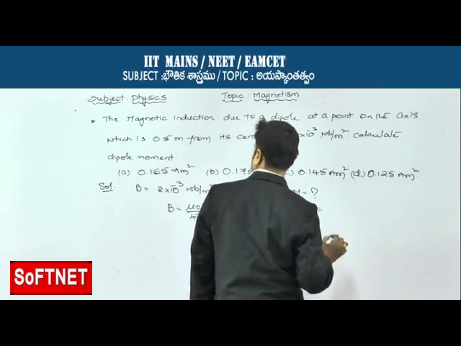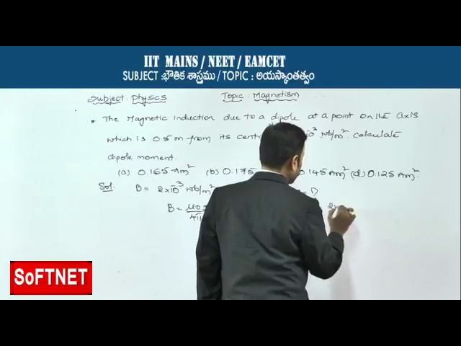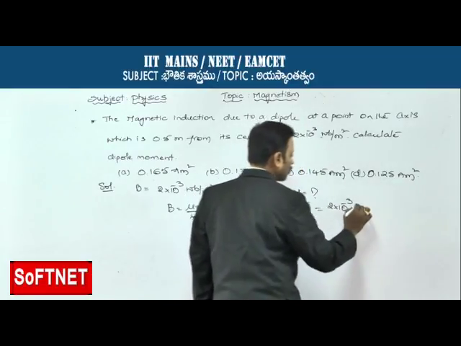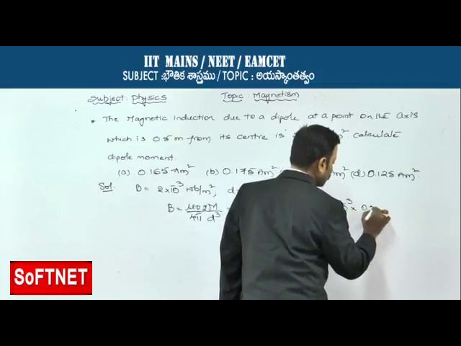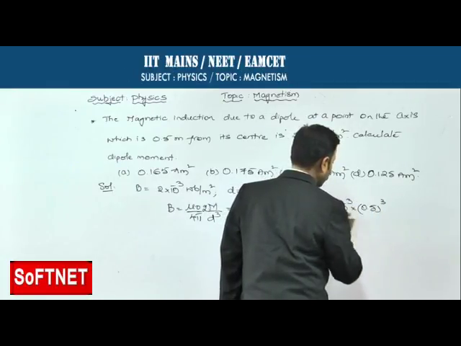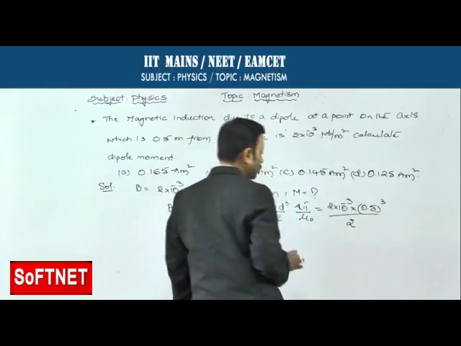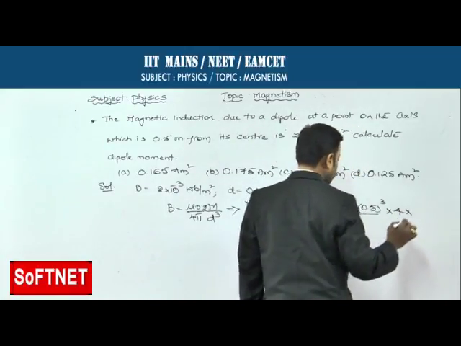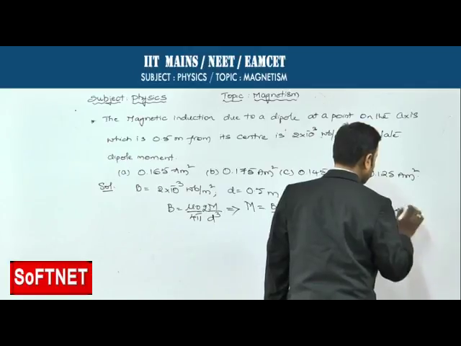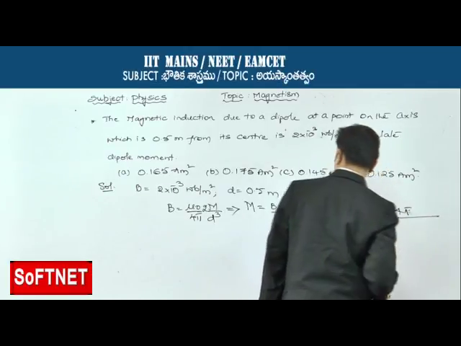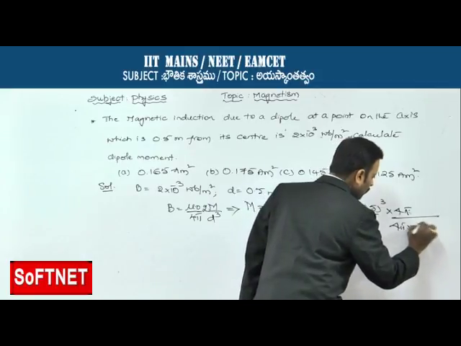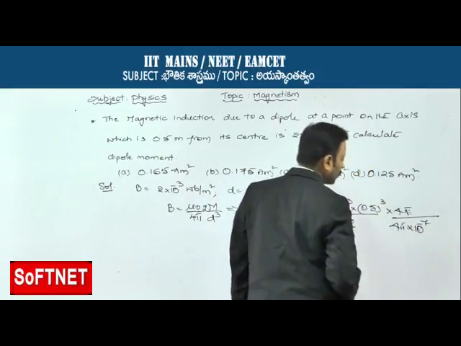B induction is given as 2 10 power minus 3, d is given as 0.5. So, d cube is 0.5 whole cube by 2 into 4 pi in the numerator, by denominator mu naught value 4 pi 10 power minus 7 Henry per meter.